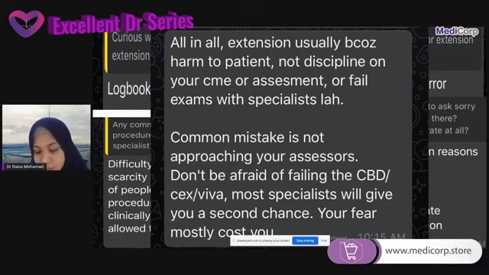Okay. And mini CEX, CBD, long case usually is one-to-one. It will be dedicated time. You will be alone with your specialist. But mini CEX can be done bedside.